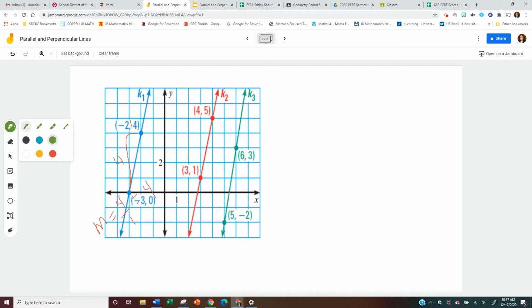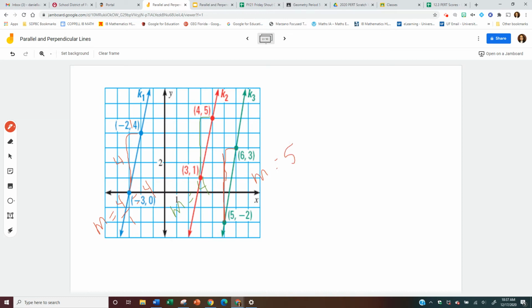In the red line between the 2 points, looks like I go up 1, 2, 3, 4 over 1 also. So this looks like it has a slope of 4 over 1, which is also 4. Now let's take a look at the green line. In the green line, I'm going to use red. Between the 2 points that are indicated, I'm going to count, let's see, 1, 2, 3, 4, 5, and over 1. So this slope is equal to 5.